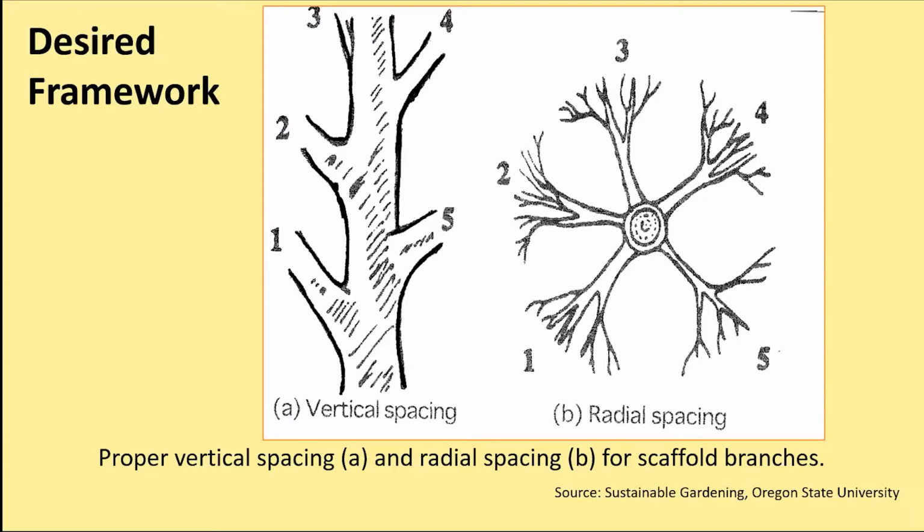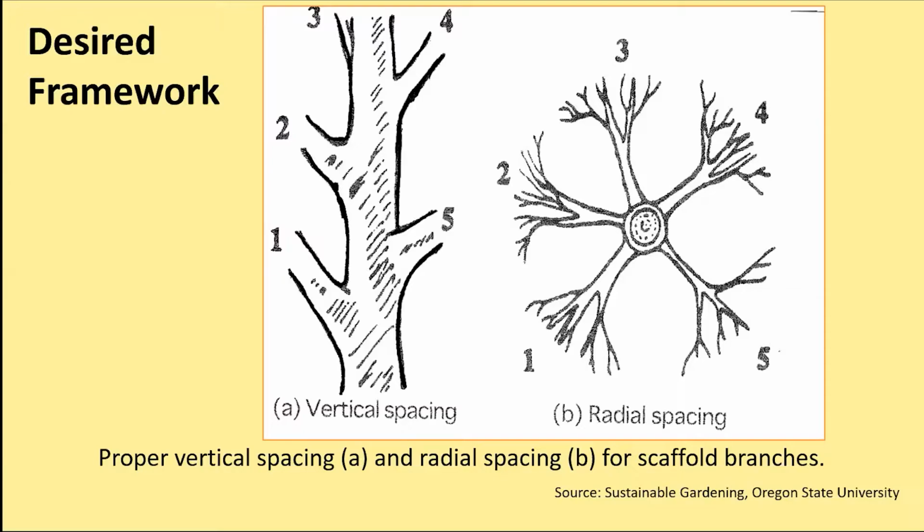If we look at the tree from the side, we should see the branches, their points of attachment to the trunk, spaced vertically, ideally 8 to 24 inches apart. And if we look at the tree from the top, we should see those branches attached to the trunk, radiating around it like spokes of a wheel.